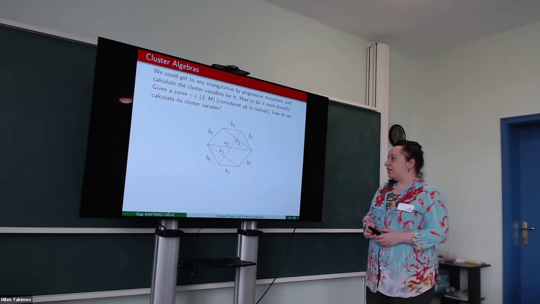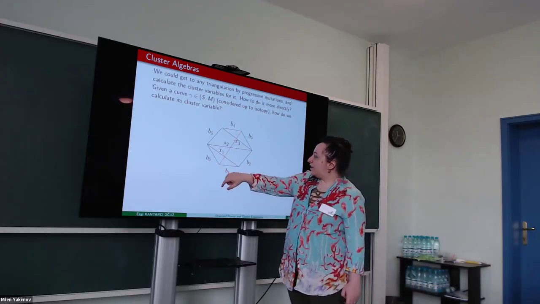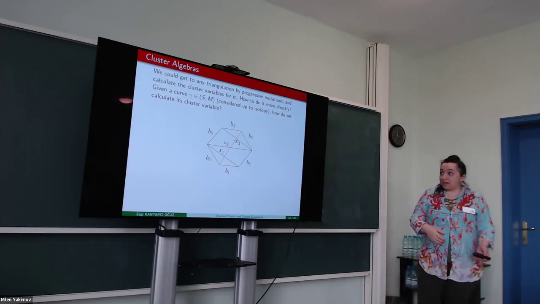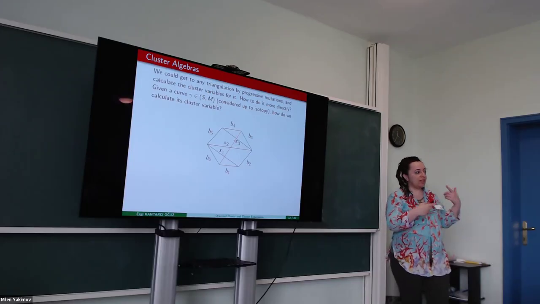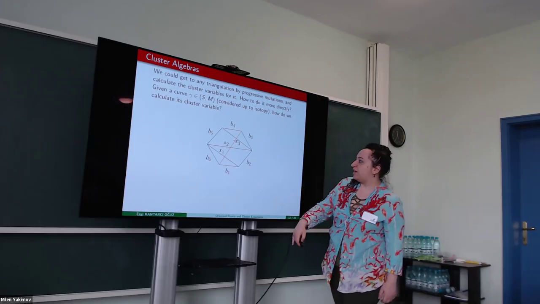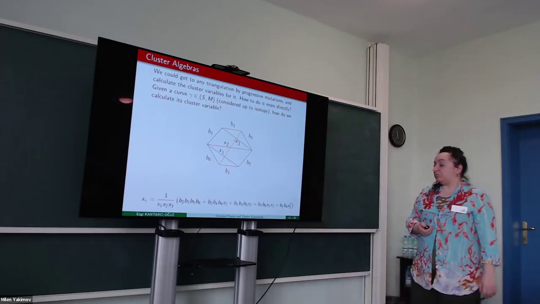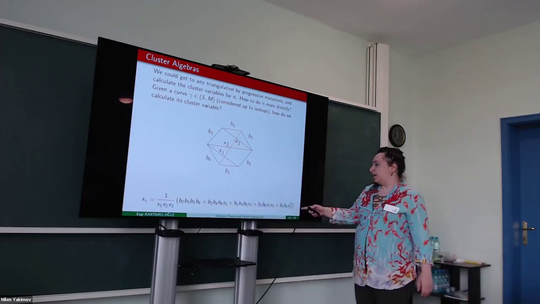And the thing we are working on is, if you take any curve here, you can do the mutations again and again and use the Ptolemy relations, and you can eventually get an expression for this. For this one, the expression would look like this.